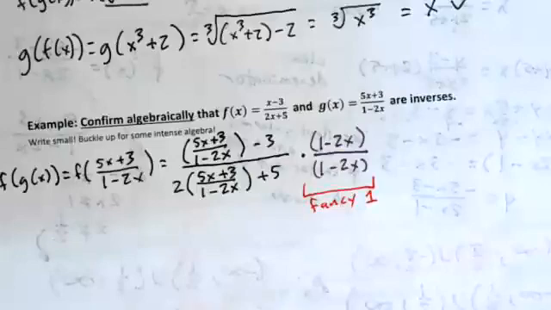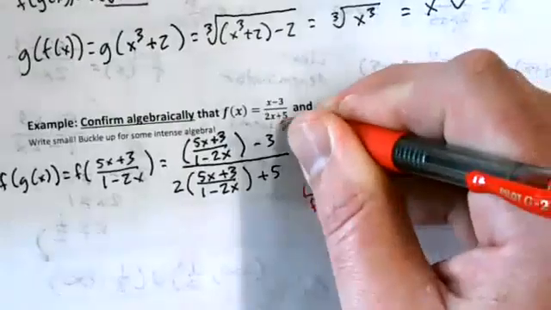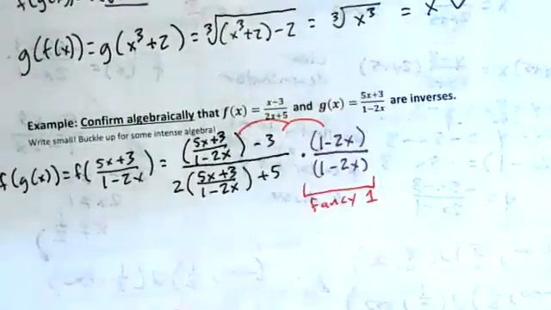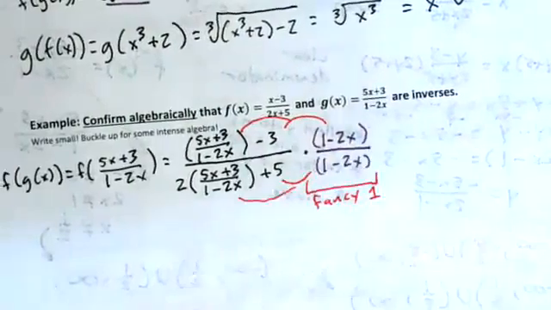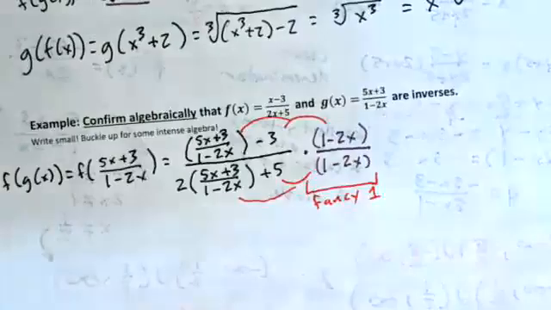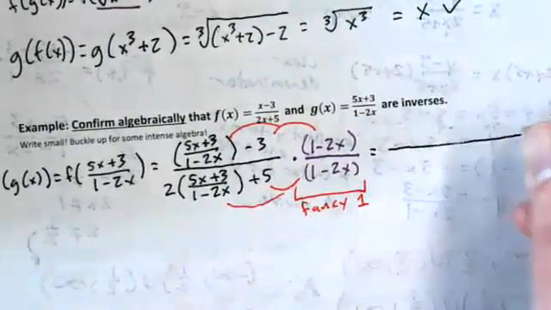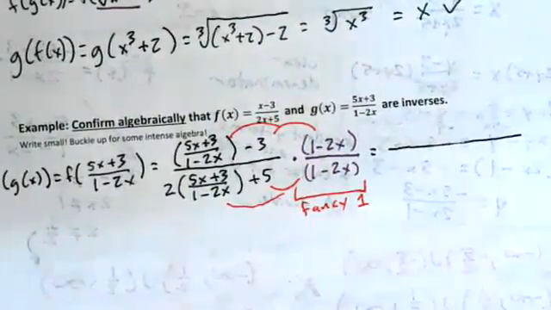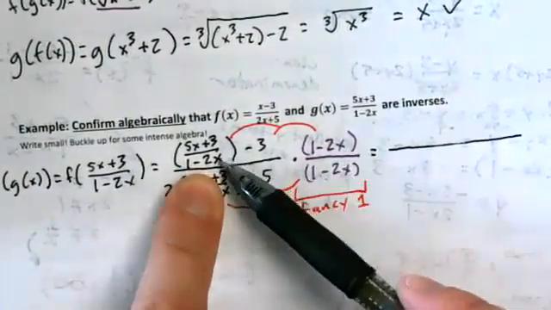Anyways, now we have to be careful about how we do this because this is going to distribute. It's going to multiply both the 3 and the fraction. This is going to multiply both the 5 and the fraction. This isn't bad. You just have to keep track of what's going on. It gets messy, but it's not impossible. When I multiply the 1 minus 2x by the fraction, it's going to cancel the denominator.